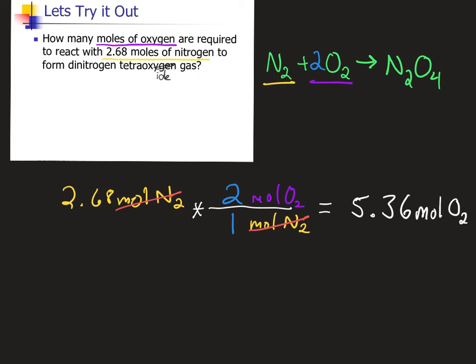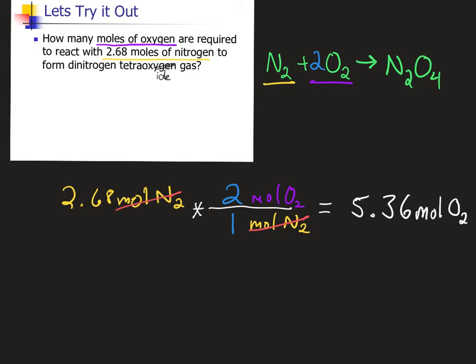If you're converting one thing to another thing, if we just had moles of nitrogen to atoms of nitrogen, we wouldn't need the balanced chemical reaction. Could care less about it, because we're keeping everything the same.